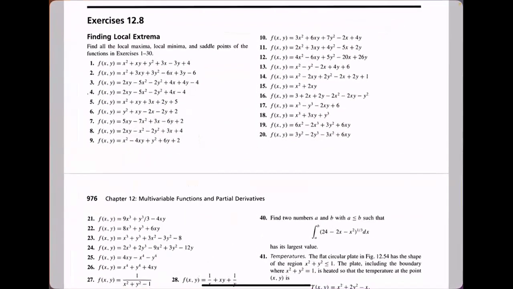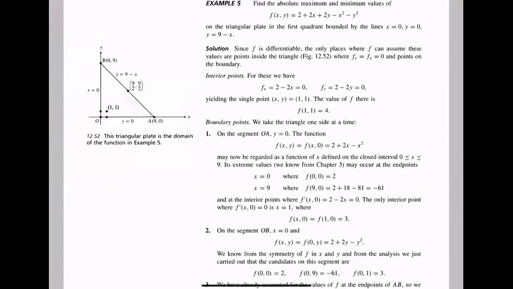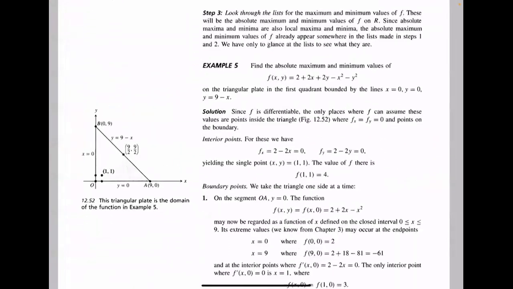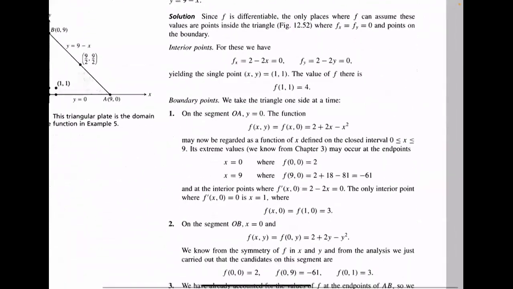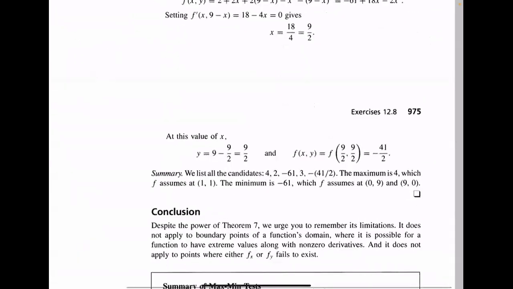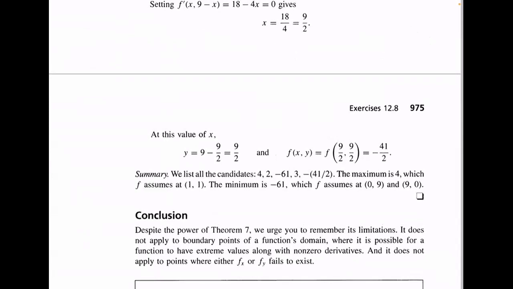This is the example given in your book also. ठीक है ना, ये सेम एग्जांपल है जो मैंने डिस्कस किया है. So minimum is -61, that is at 0 9 or 9 0, and maximum is 4, that is at 1 1.